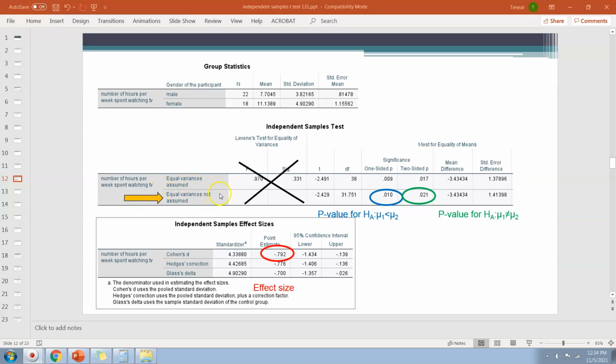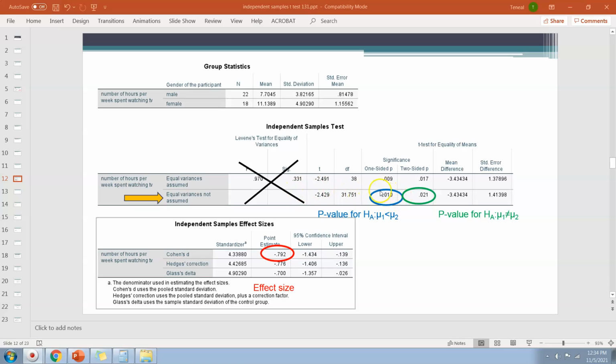And we're going to use the equal variances not assumed row. I put a big X here because there's this extra test, and we're not going to use it for anything. This Levene's test for equality of variances is not anything of interest to you, so please just avoid it.